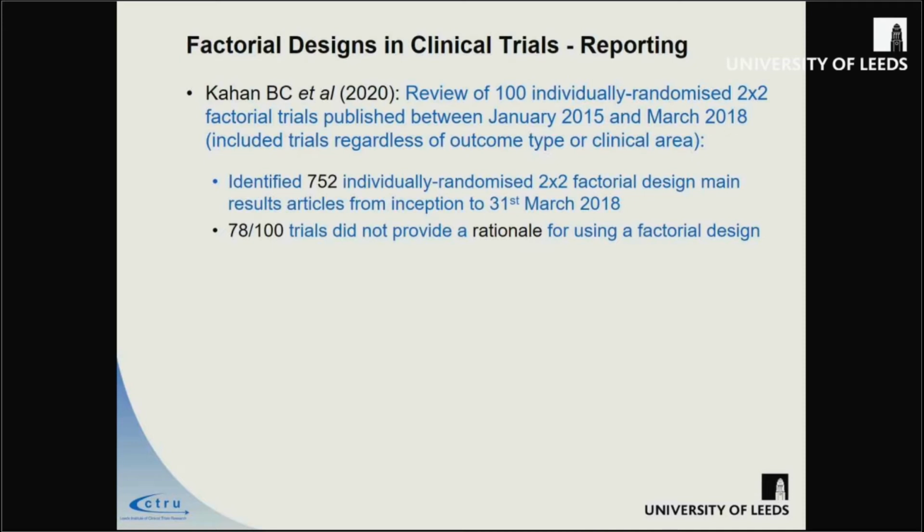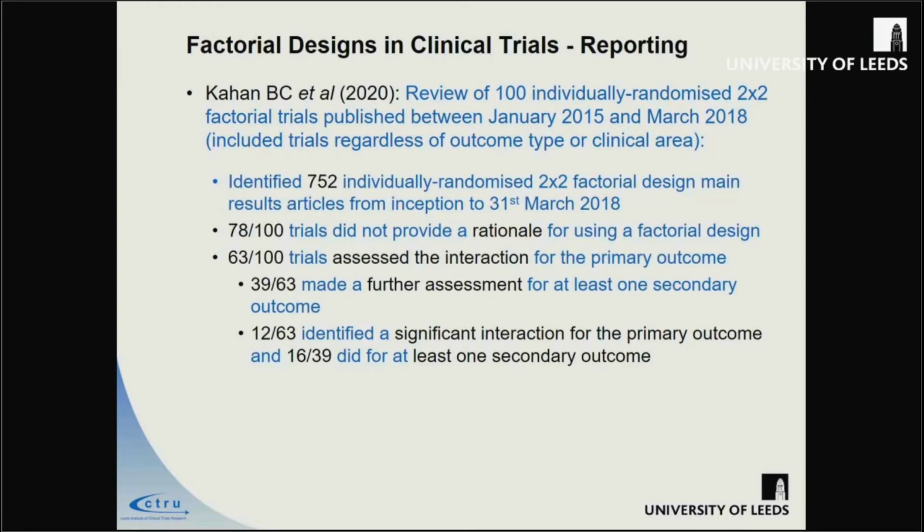He found within his random sample of 100 trials that 78 of them didn't provide any rationale for why they'd chosen a factorial design, that only 63% of them assessed the interaction at all, and only 39 out of the 63 that presented that at all did so for a secondary outcome. So they were choosing to do this for the primary outcome, but not for any secondary outcomes.